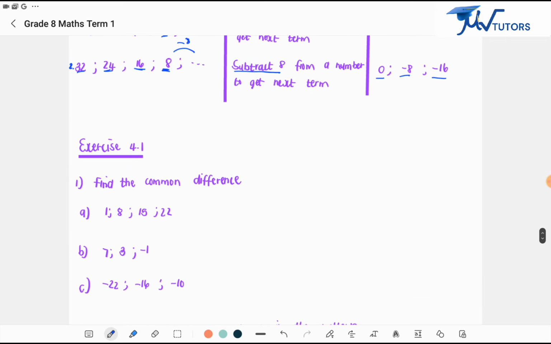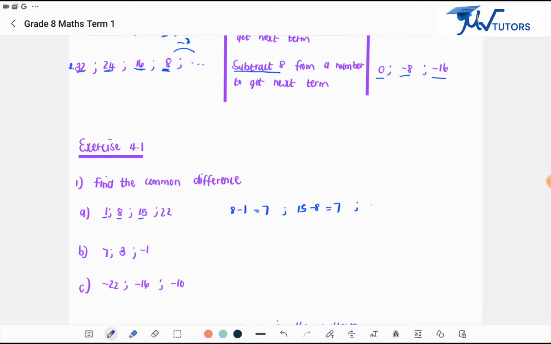Okay, so exercise 4.1, find the common difference. The common difference here, I need to see, for me to go from 1 to 8, I can either say what is 8 minus 1. I get 7. And if I say what is 15 minus 8, that's how I get the next term. I see that it's 7.